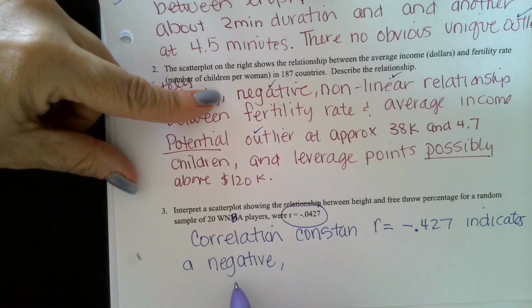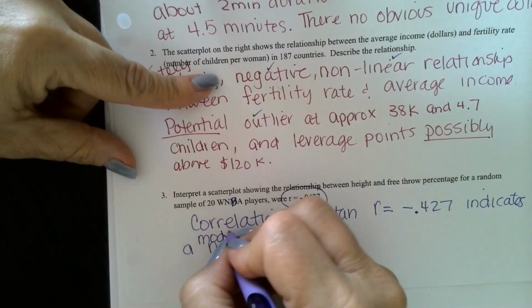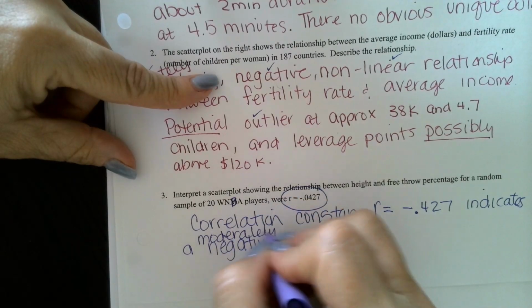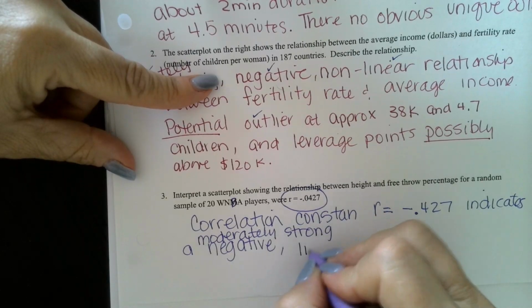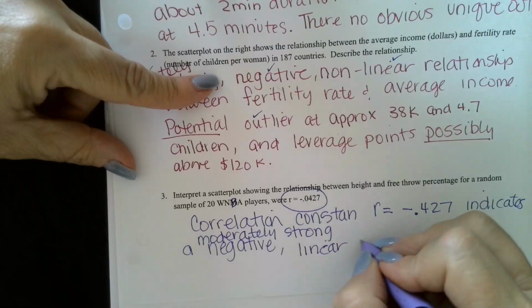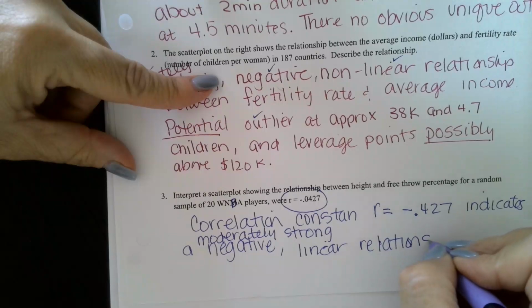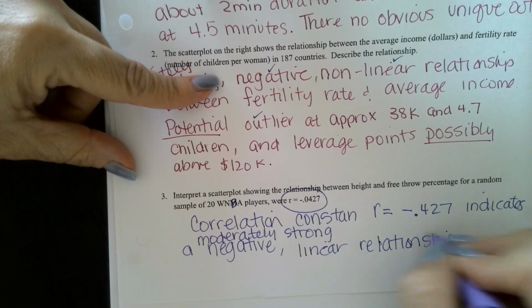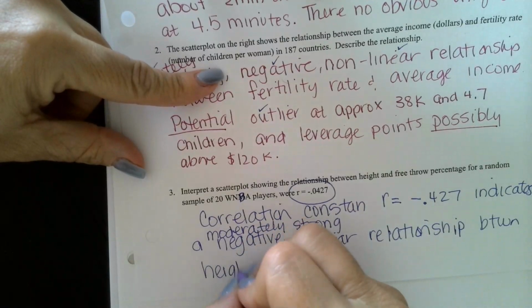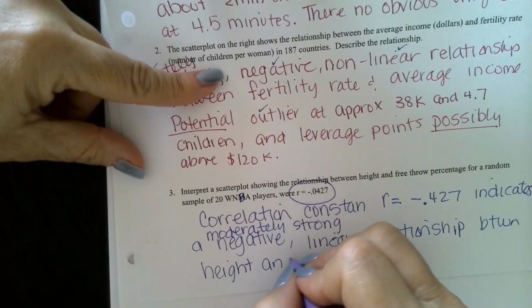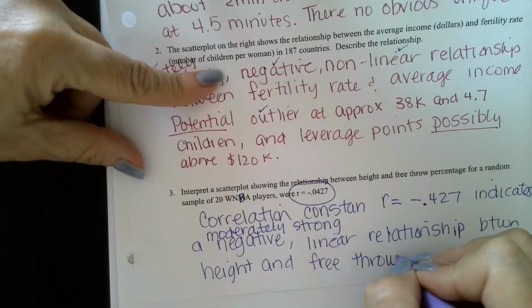Before negative, I would probably say a moderately strong, negative, linear relationship between height and free throw percent.